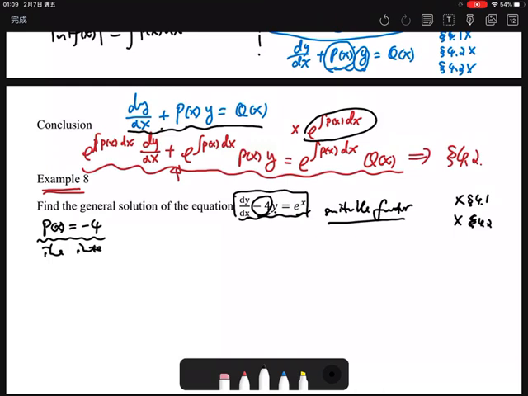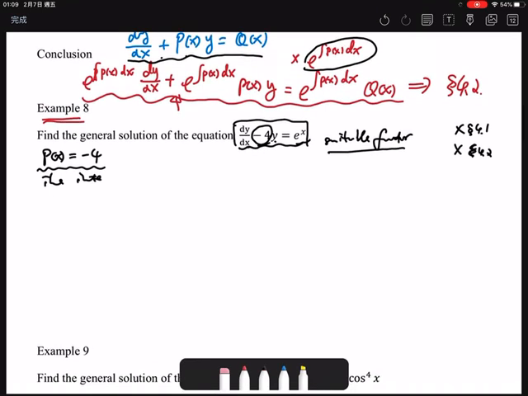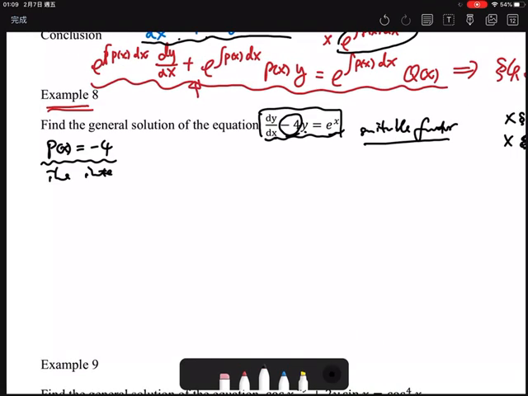So the suitable factor is also called integrating factor, okay? Later we will call it the integrating factor. This is the formal way to call the factor.